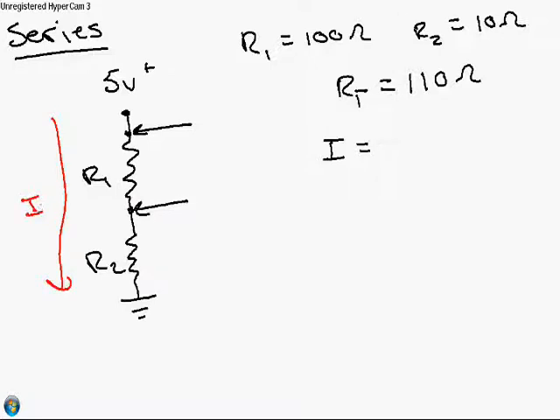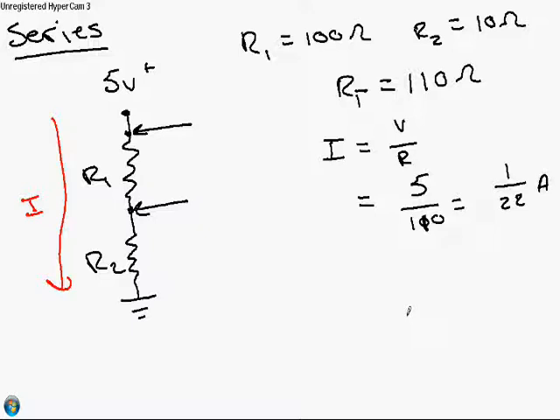And it's true, and I will prove it to you. I equals V over R equals 5 volts over 110. You can do that out. It's 1 over 22 amps.